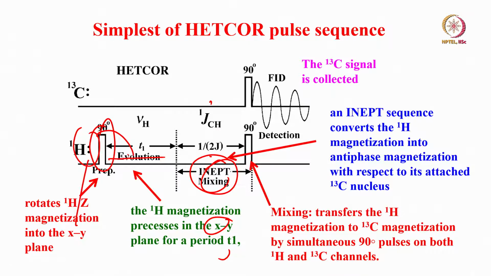And then the INEPT transfers the polarization from proton to carbon, and simultaneously when you apply 90-degree pulses on both, magnetization transfer takes place, and the last pulse converts it to 1H magnetization, antiphase with respect to the attached carbon-13, the INEPT sequence, and then we transfer the magnetization to proton and start collecting the proton signal.